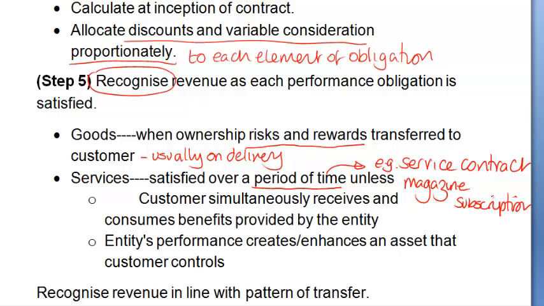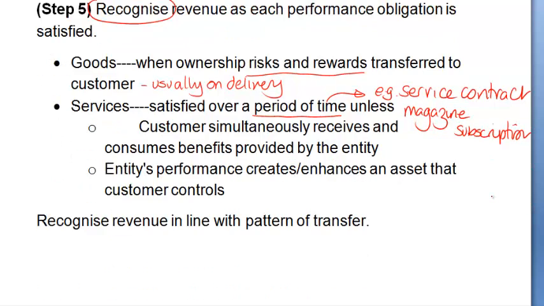So if you get a phone contract for 2 years, what will happen is that the phone company will recognise the revenue over the course of that 2-year period in respect of the amounts of money you've agreed to pay. So we treat goods and services in a different approach.